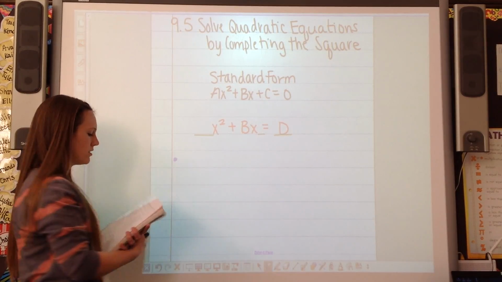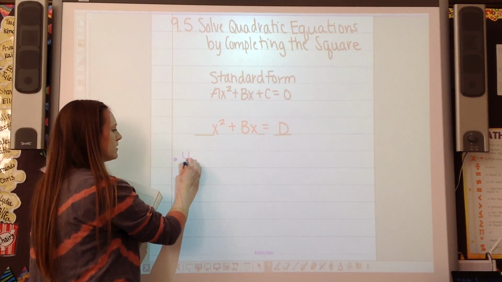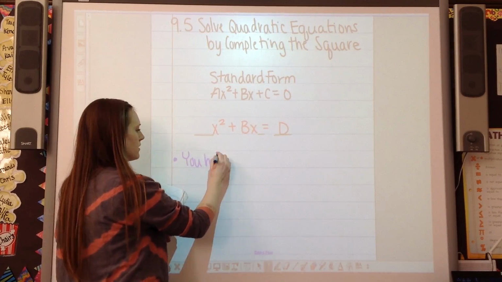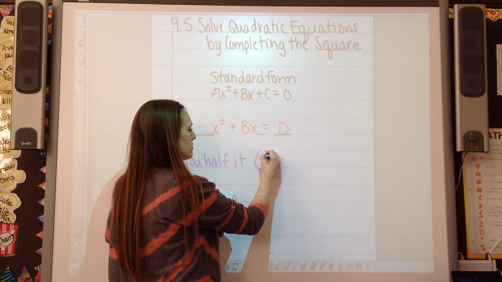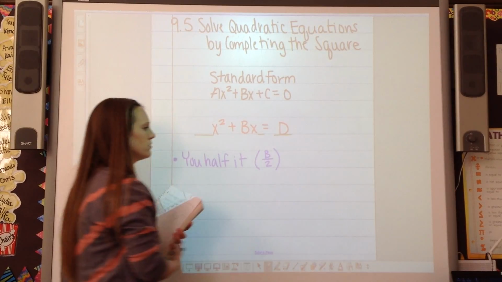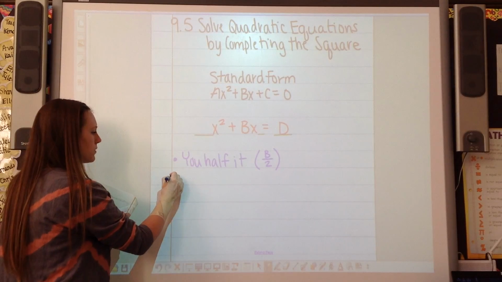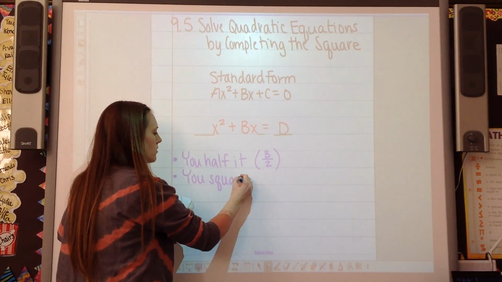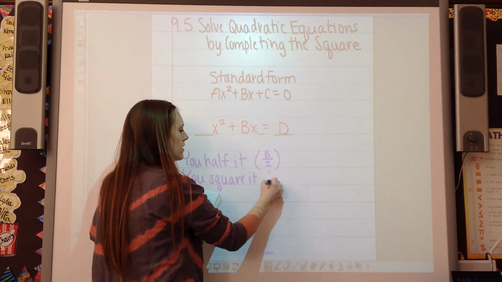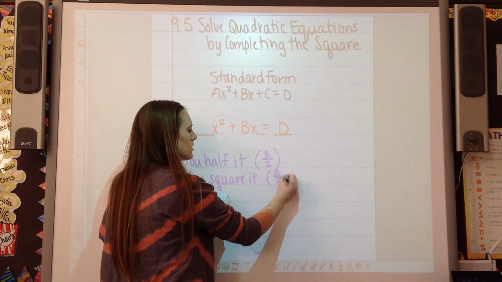To complete the square, you're going to think you have it. And that means you take your middle term and divide it by 2. You square it. So whatever you got for your answer here, you're going to square it.